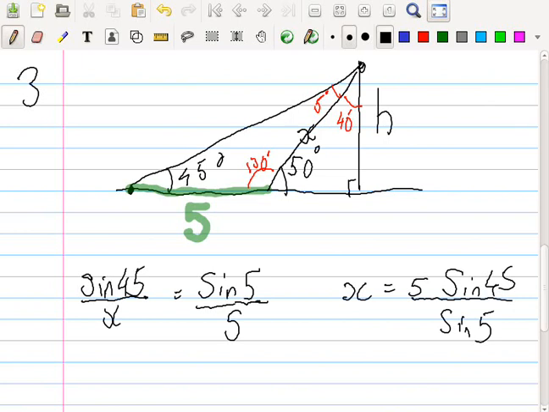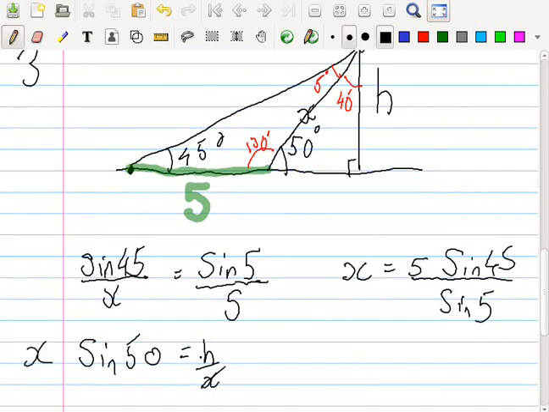I know x now, right? If I know x and I know an angle and I want the opposite and x is the hypotenuse, what should I use on this right angle triangle? Sine. What's sine 50? h over x. Now what do I want?